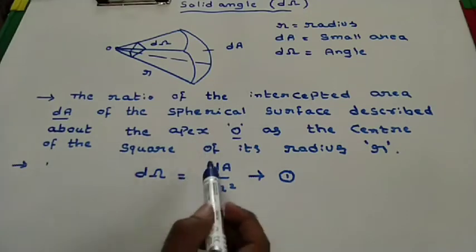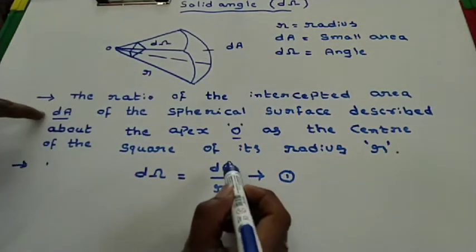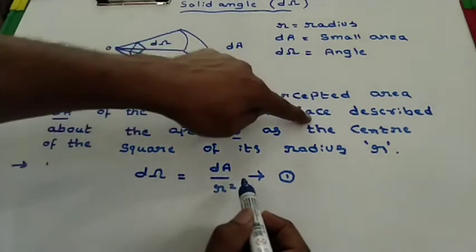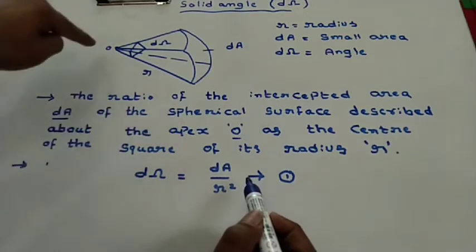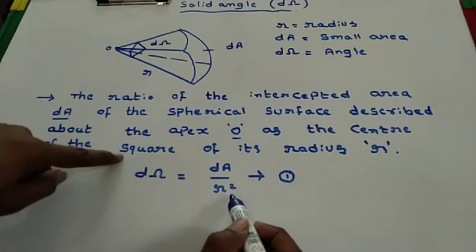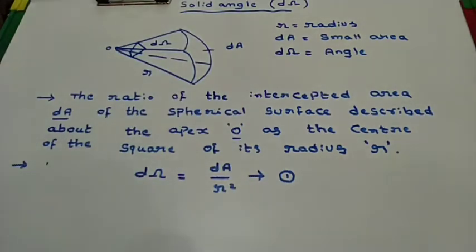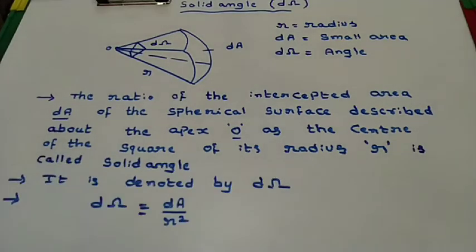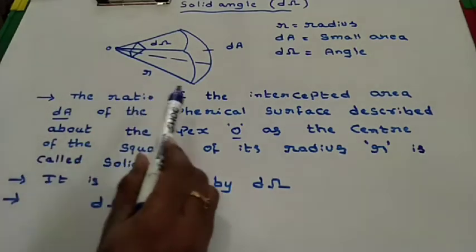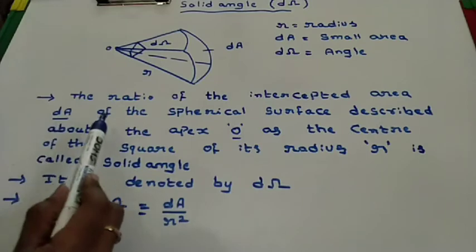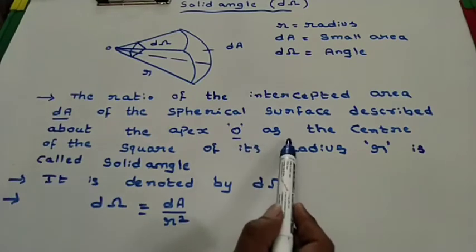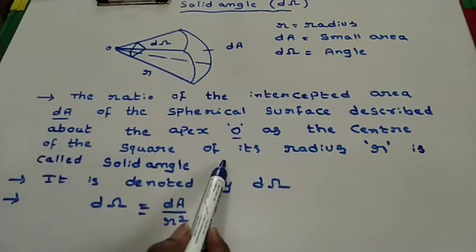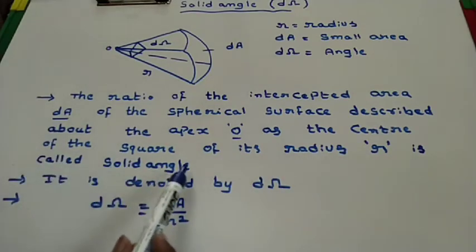Once again, the ratio of the intercepted area dA of the spherical surface described about the apex O, that is the center, to the square of its radius R is called solid angle.